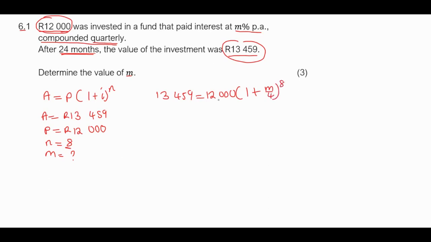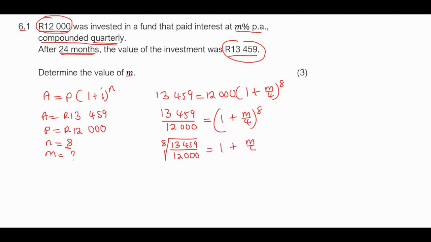We divide both sides by 12,000. 13,459 over 12,000 is equal to 1 plus M over 4 to the power 8. And then we take the eighth root of both sides. So the eighth root of 13,459 over 12,000 is equal to 1 plus M over 4.